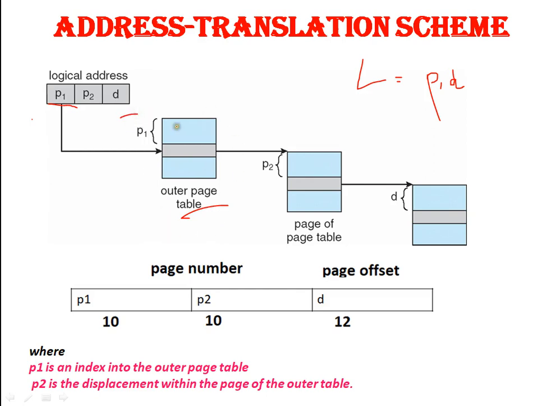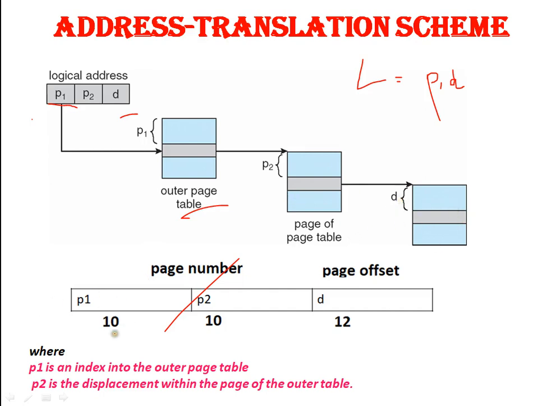P1 is an index into the outer page table, and P2 is the displacement within the page of the outer table.